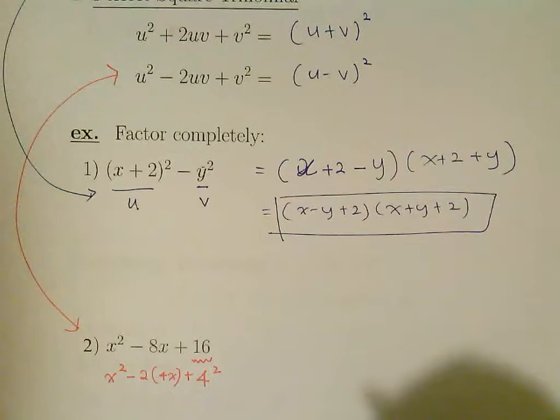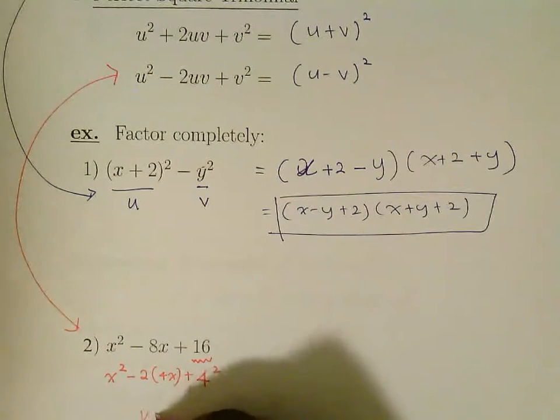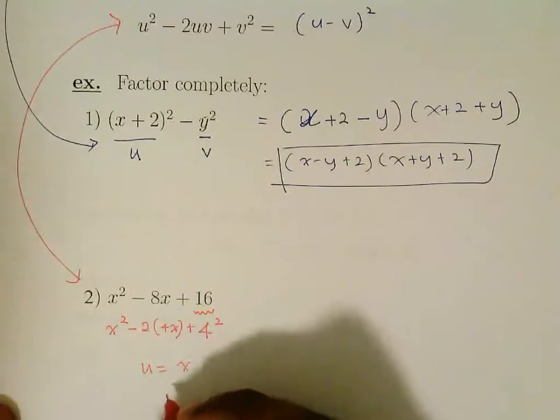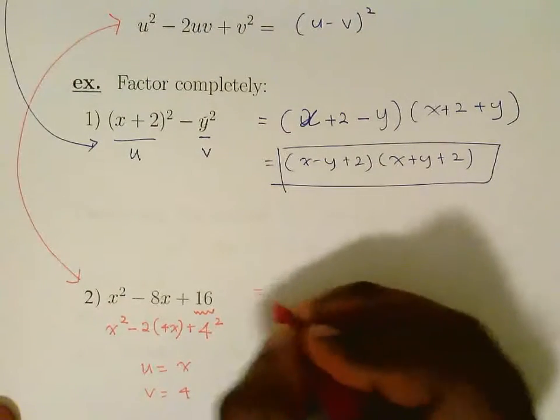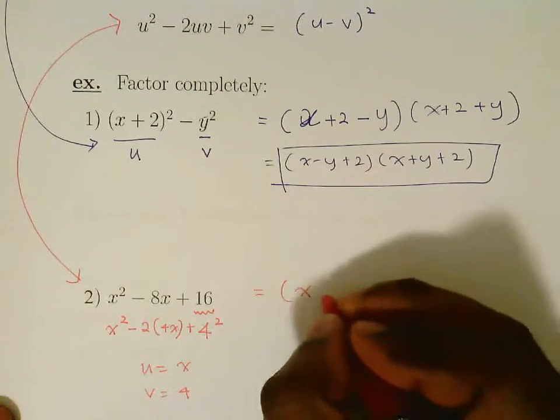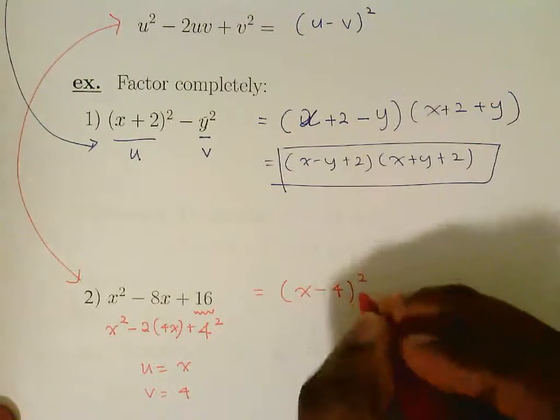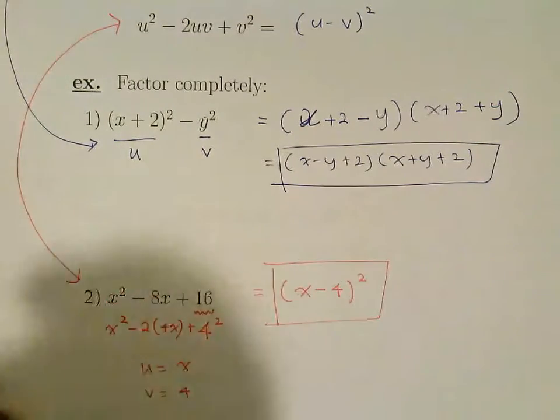So your u is x and your v is 4. So you can factor this as x minus 4, the whole thing squared, and that's it.